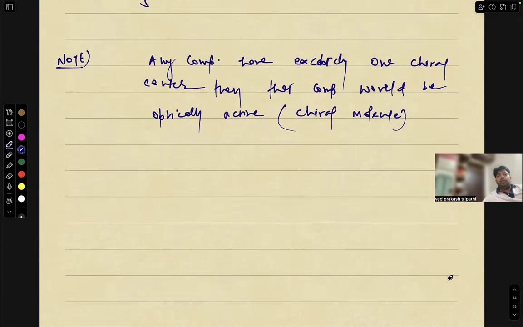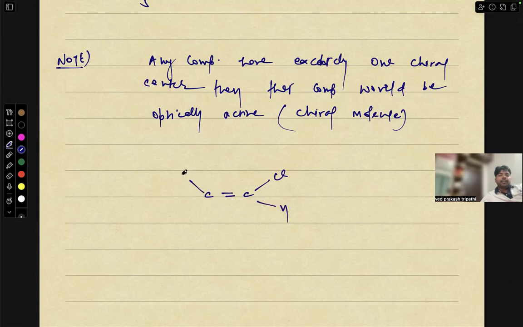And there is one more symmetry. This is the plane of symmetry. There is another symmetry which is called molecular plane of symmetry. For example, suppose we have this kind of thing. Like this one, suppose we have. Suppose you can keep any atom here.